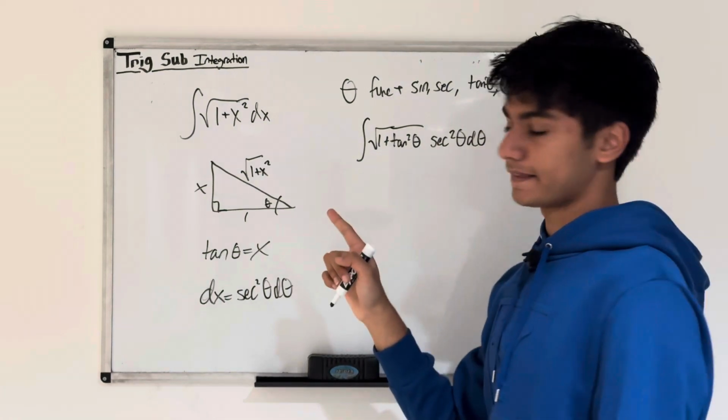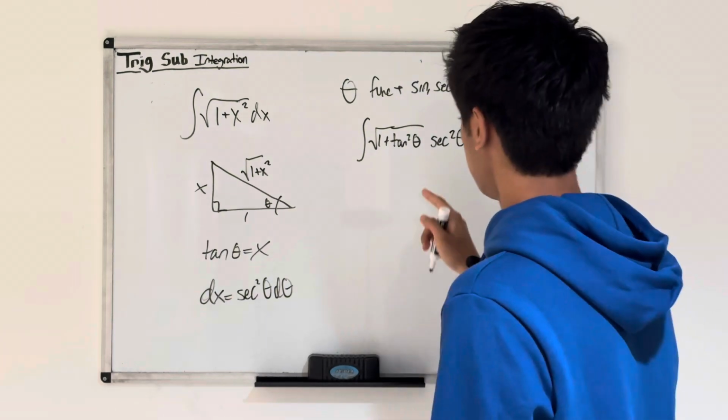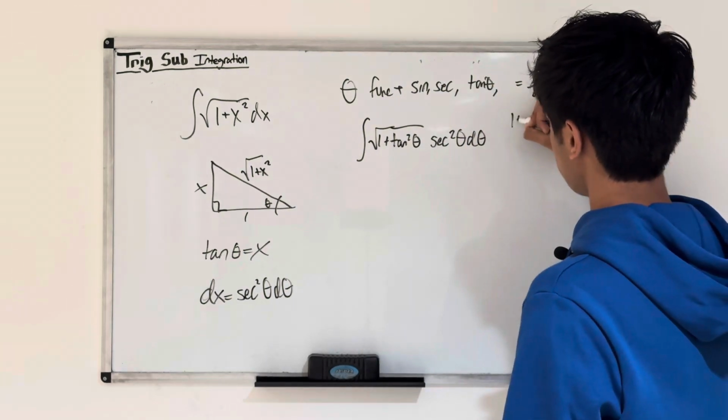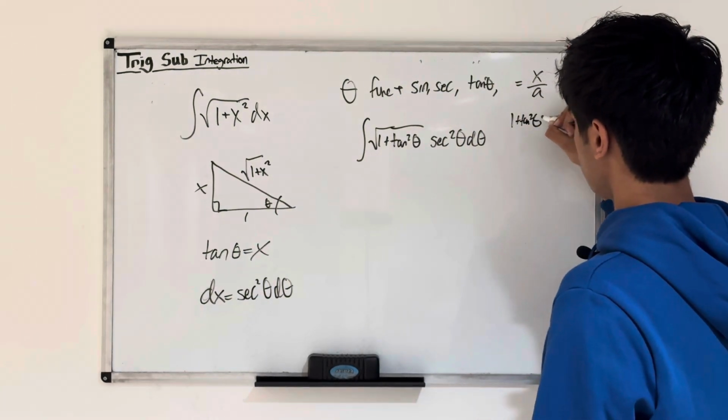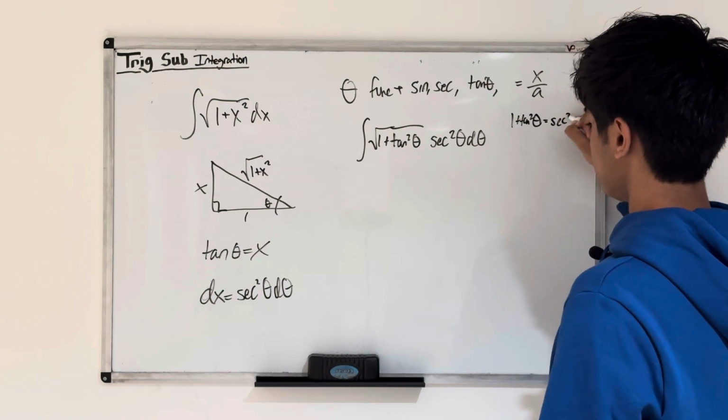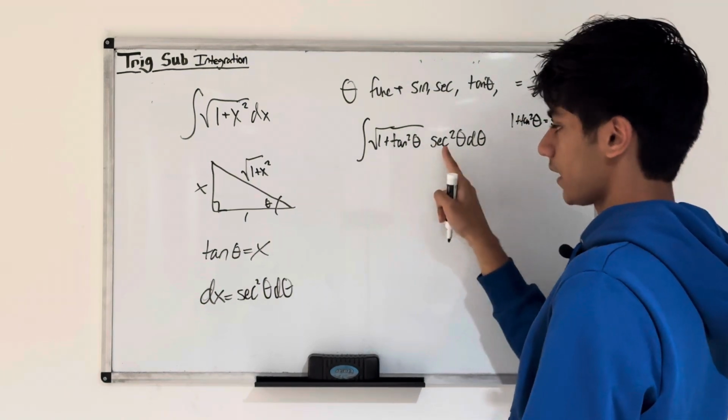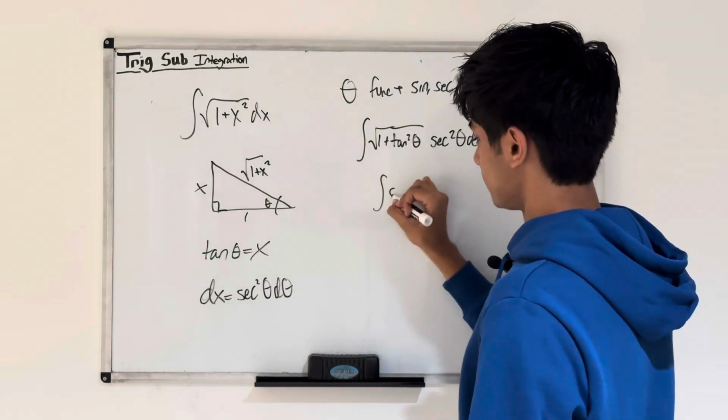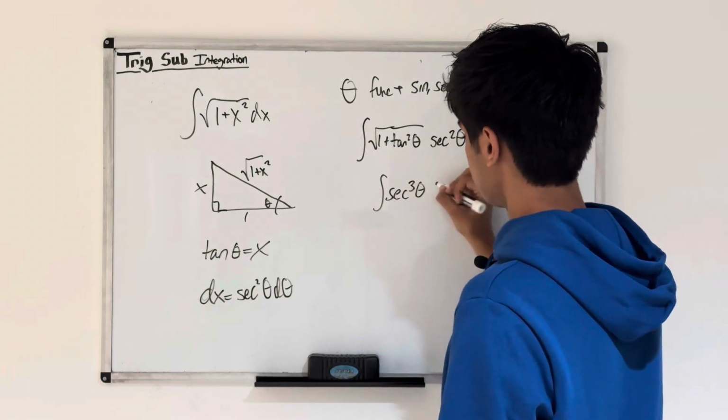We know from Pythagorean identities that 1 plus tangent squared theta is equal to secant squared theta, so the square root of that gives us secant theta. So secant theta times secant squared theta is secant cubed theta, d theta.